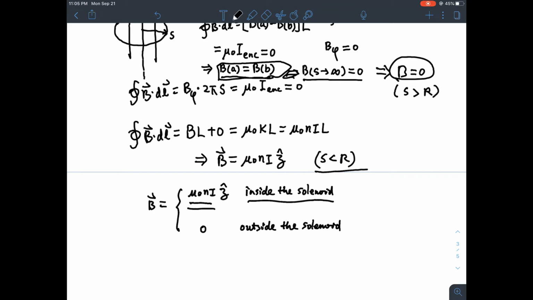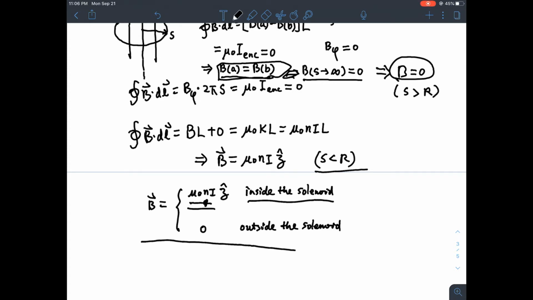And we can also increase this n, which is the number of turns per unit length. In principle we can increase n to increase the magnetic field. So in some sense, this is really a simple device that we can use to produce a strong uniform magnetic field.